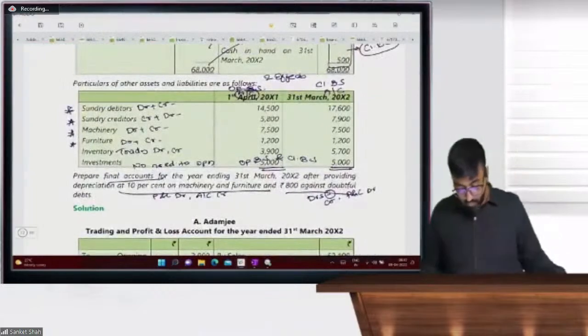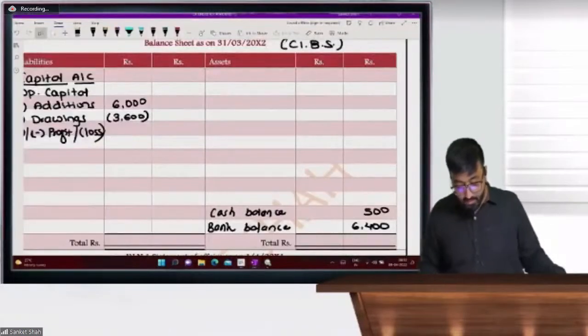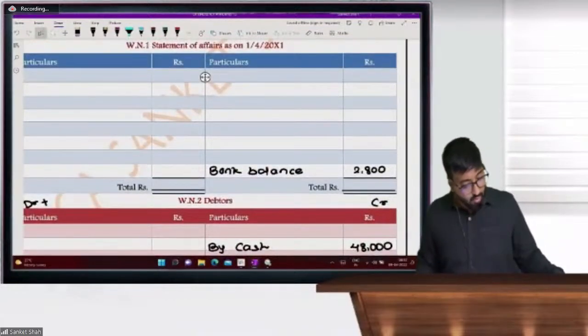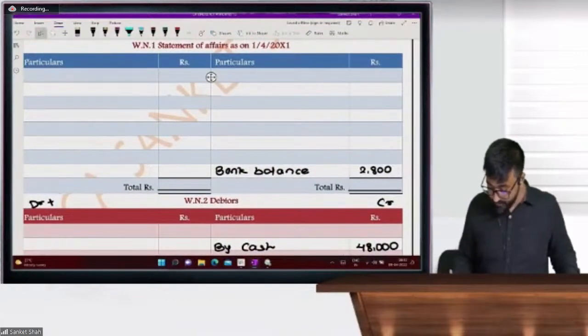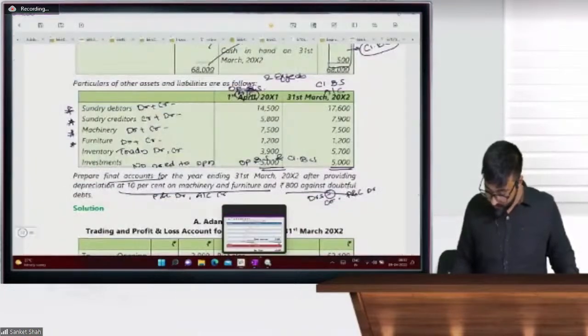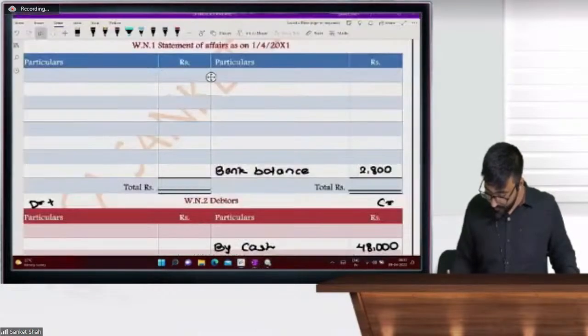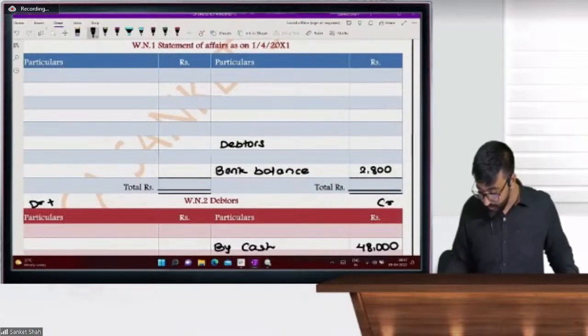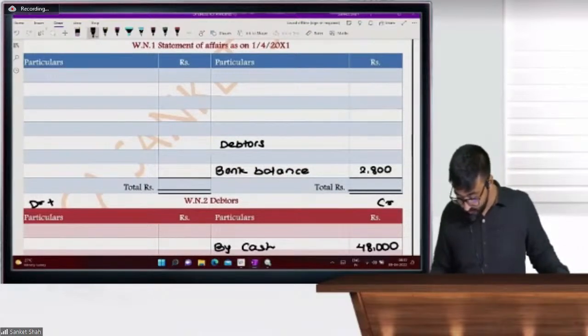Now, two effects. First, I will write it in balance sheet. In the opening balance sheet, first we will write opening items, then closing items. First opening balance sheet. Debtors, how much? 14,500.